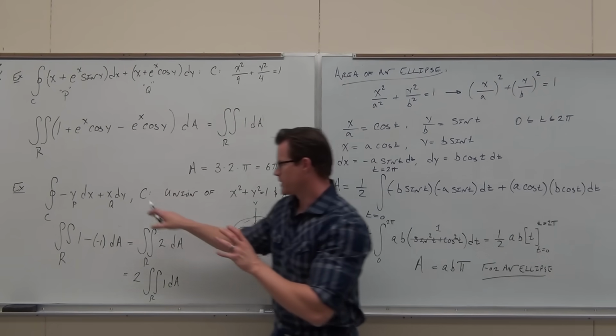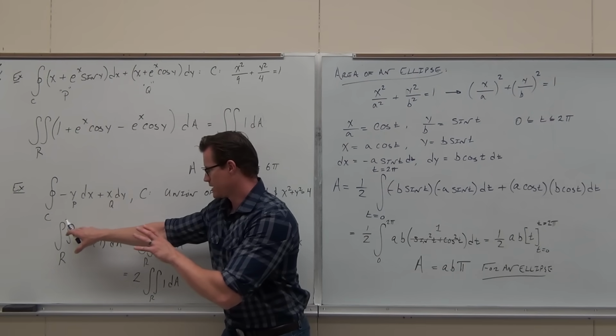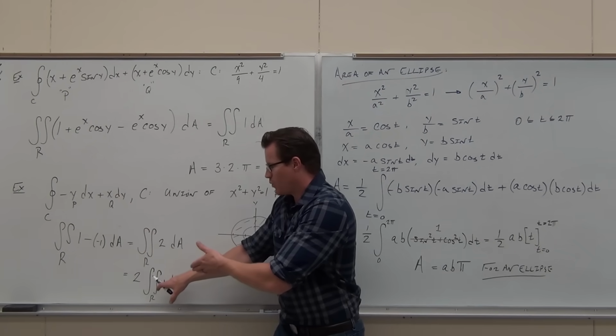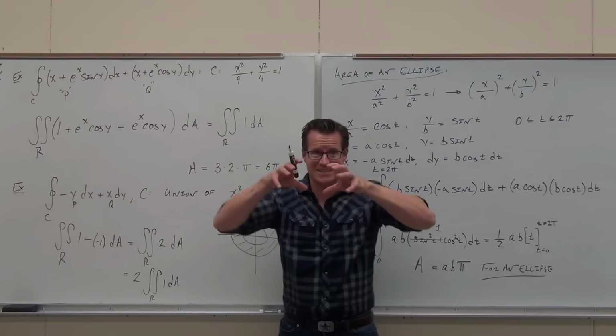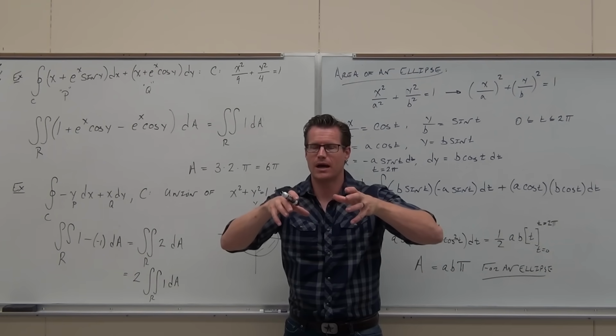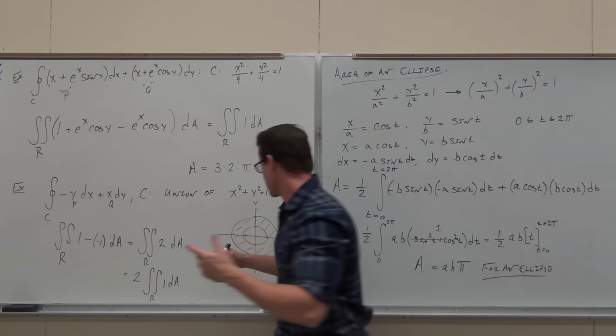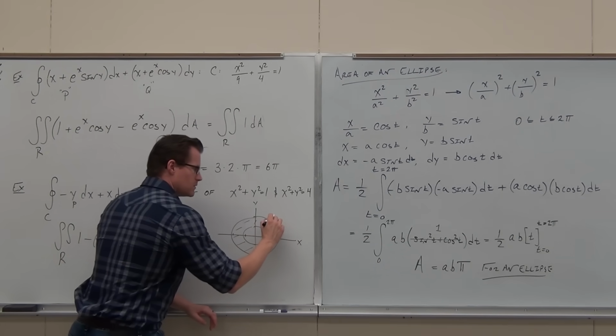So, okay, well, if we can figure out that this is Green's theorem, make it 1. This represents the area of that region that's contained by those things. Well, how do you find the area between 2 circles? Well, okay. What's the radius of this circle?